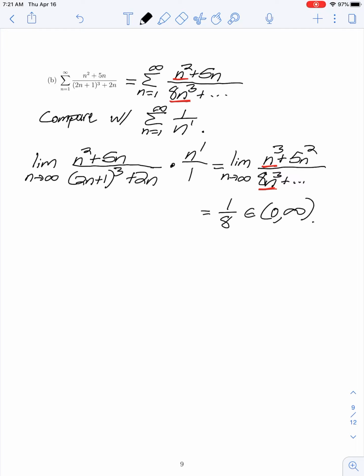So we know that both series converge or both diverge, and the series that we were comparing with was the harmonic series, the P series where P is 1, which we know diverges.